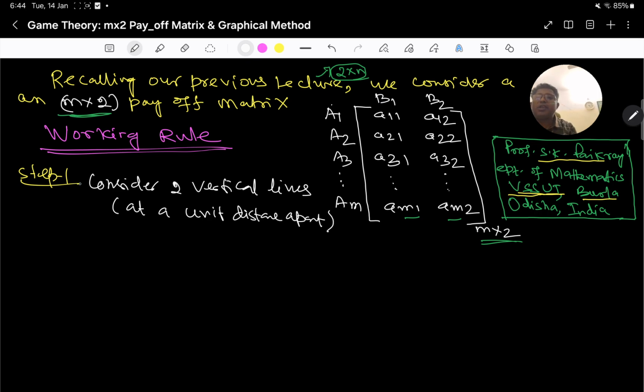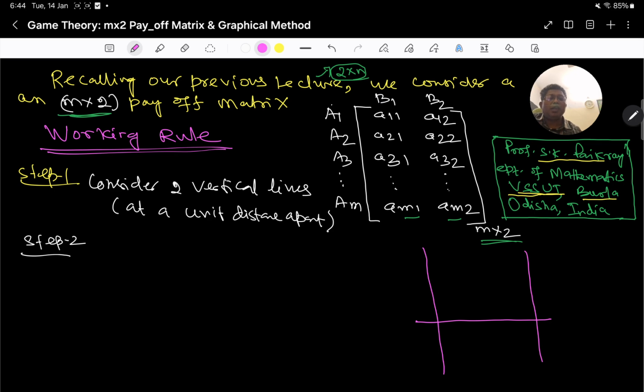After taking these two vertical lines, we have our step 2. Here we take two parallel lines at a unit distance apart, and let one be B1 and the other B2, or if I write B2 first it's also fine.